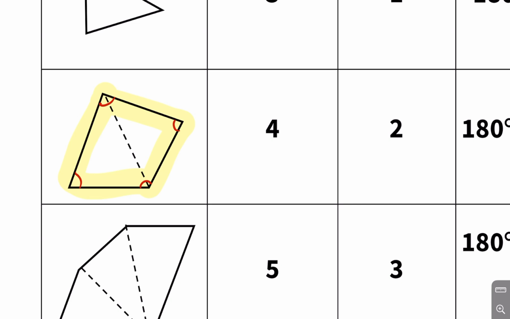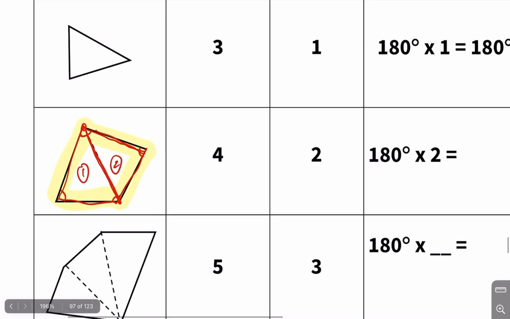The way we figure that out is by splitting the shape, drawing a diagonal from one corner to another corner of my shape to show that I have 2 triangles in here. Triangle number 1, triangle number 2. So for a shape with 4 sides, I can create 2 triangles.